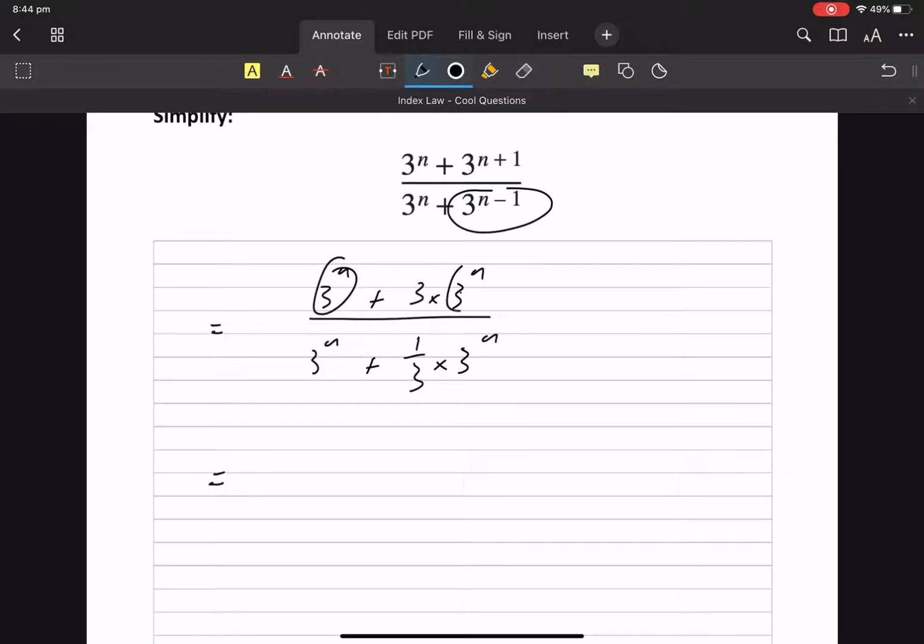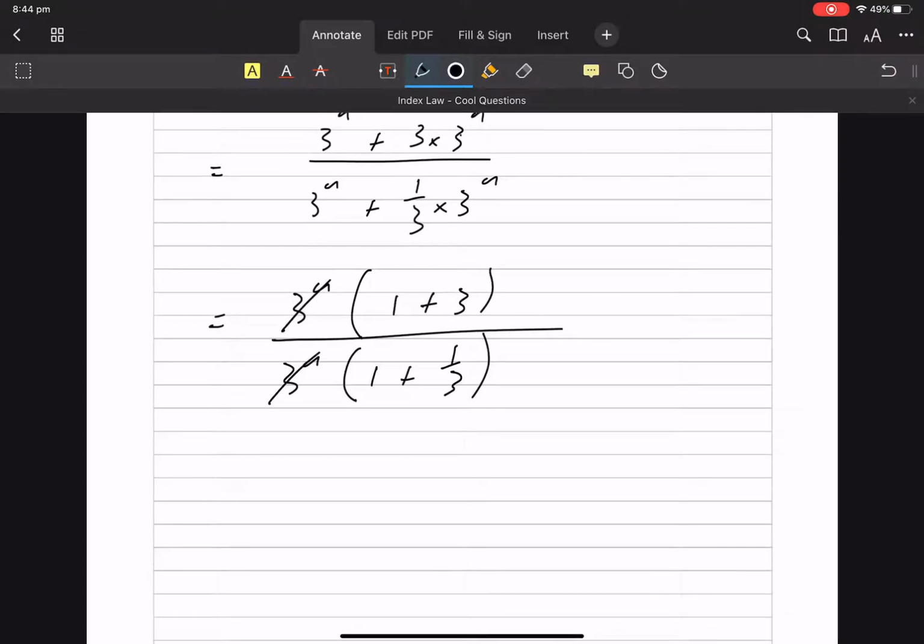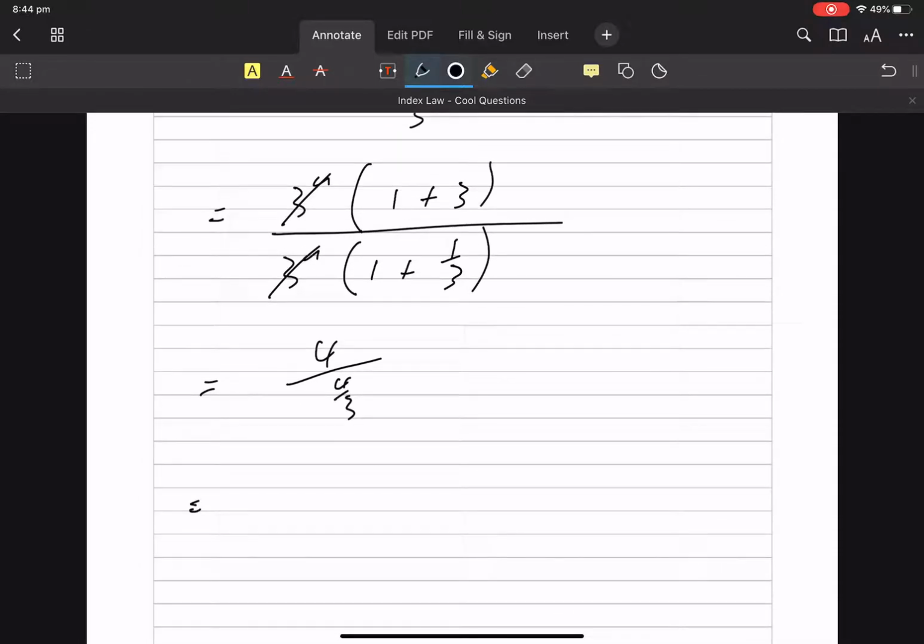Again, we've got 3 to the n common. So 3 to the n, 1 plus 3 on 3 to the n, 1 plus 1/3. The 3 to the n's cancel. 4 on 3, which is 3.